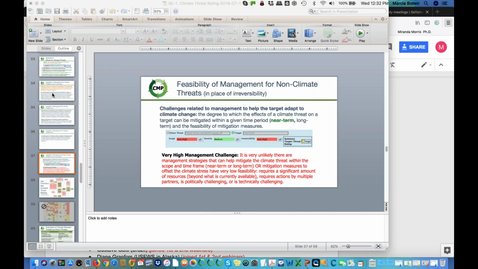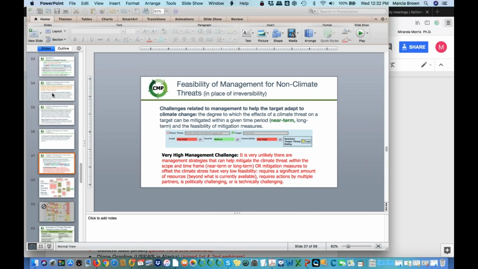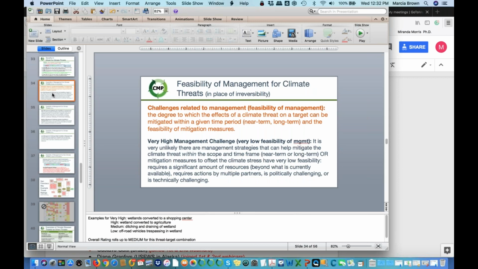Okay, I think that helps. And then I had a separate question too, along these lines. I've been experimenting with treating climate stresses like threats for a while, and I find that in a lot of our planning situations, climate changes are amplifying stresses that also have direct human causes.